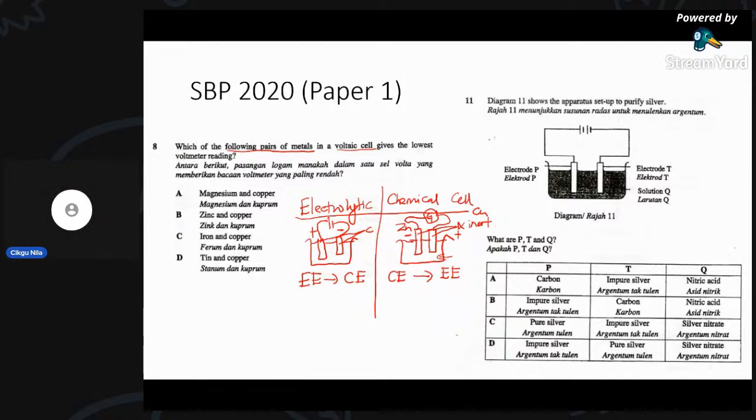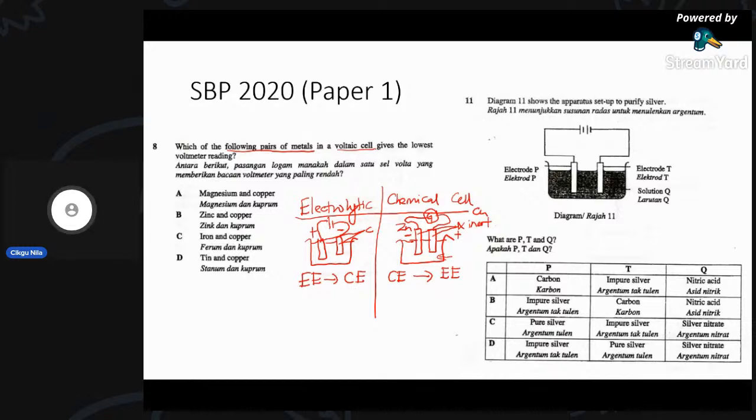Now if you want to define which one is the cathode and which one is the anode, do not memorize. In an electrolytic cell, the anode is the positive terminal, and in a chemical cell, the anode is the negative terminal.